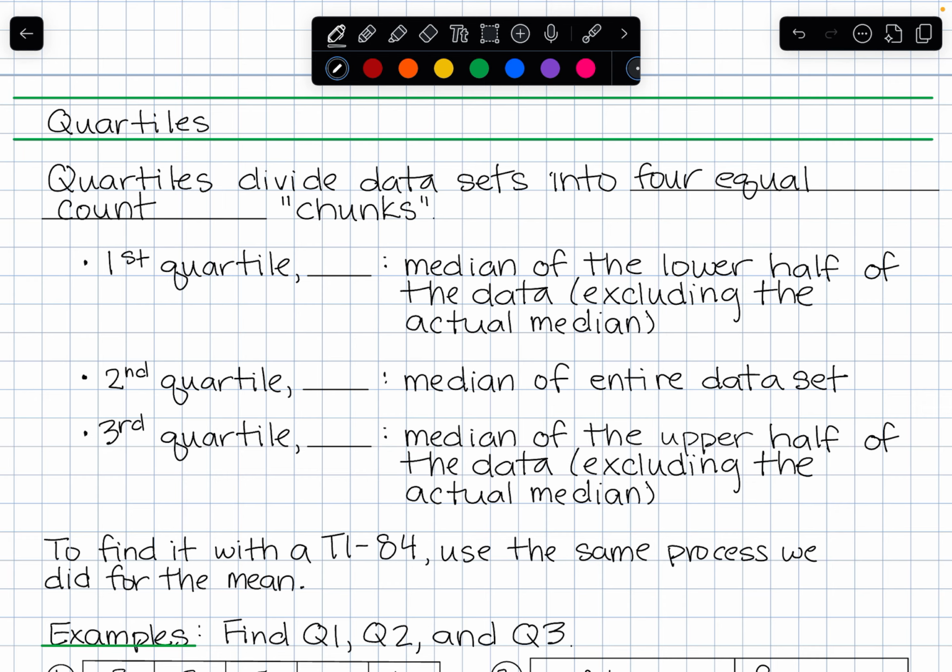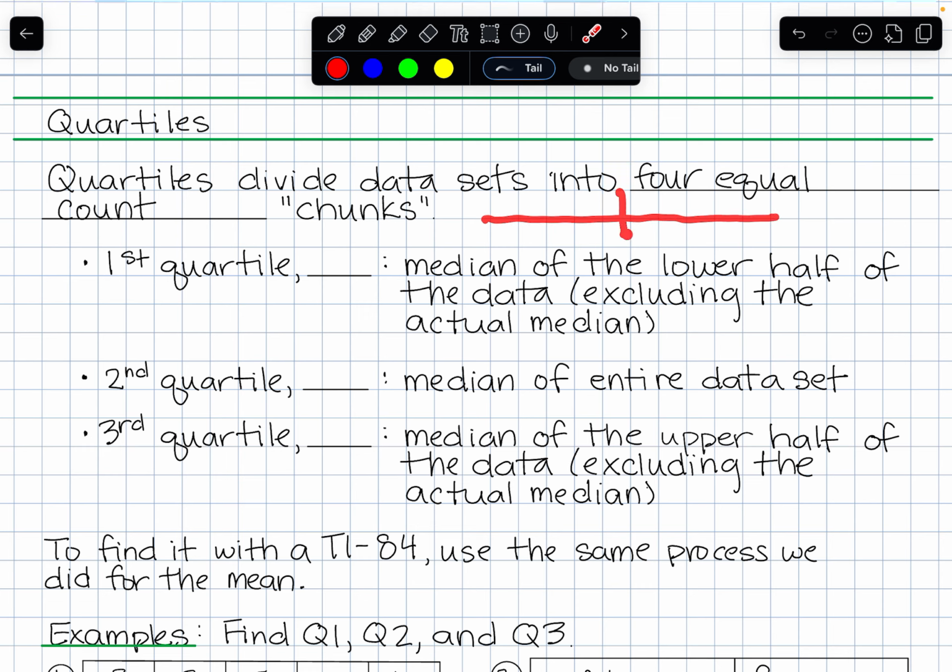Remember that the prefix quart means 4, so quartiles means 4 equal chunks, and we should have approximately the same number of data points in each of those 4 sections. In order to take a data set and divide it into 4 pieces, I need to make 3 divisions.